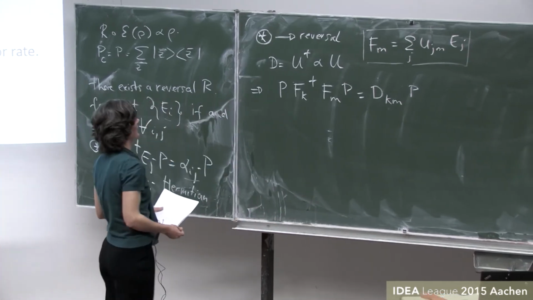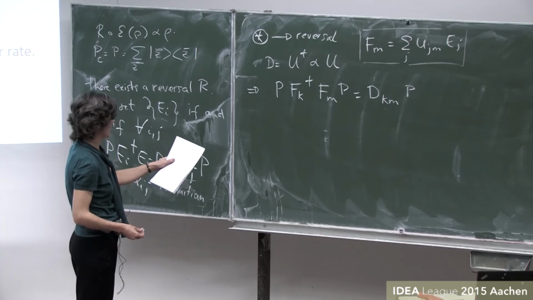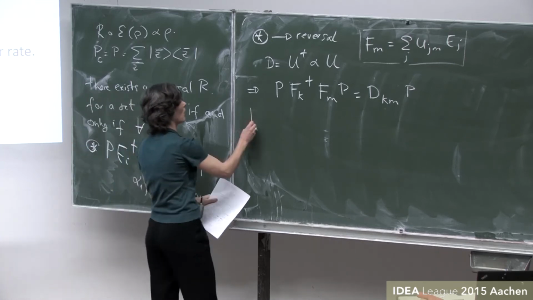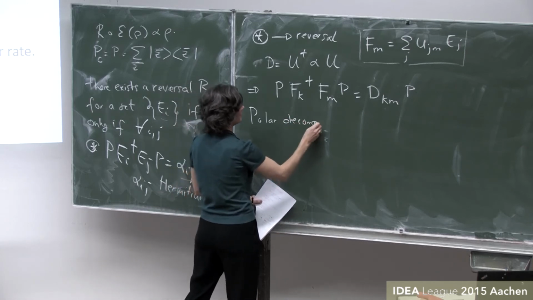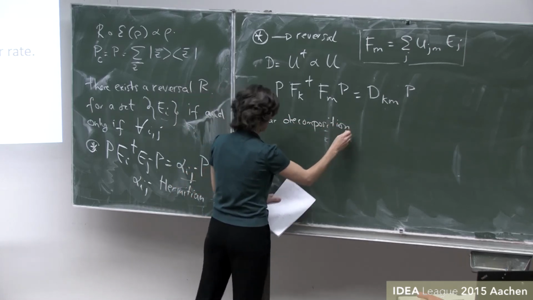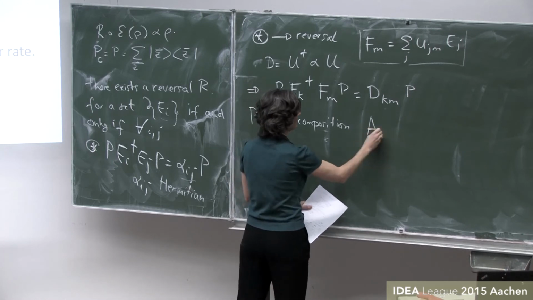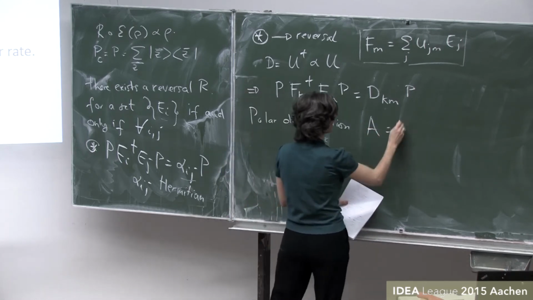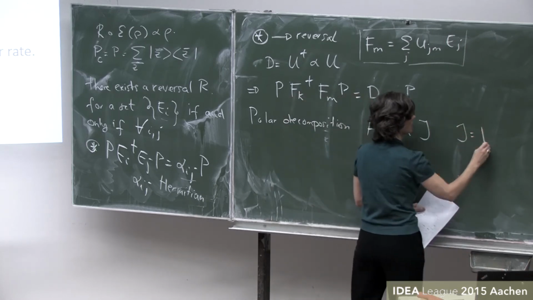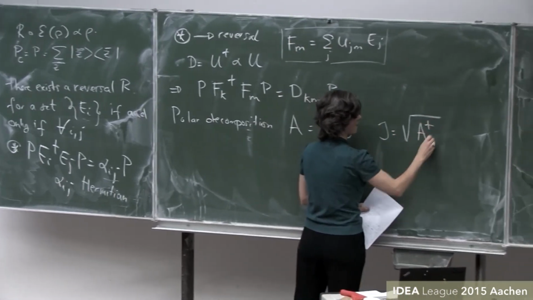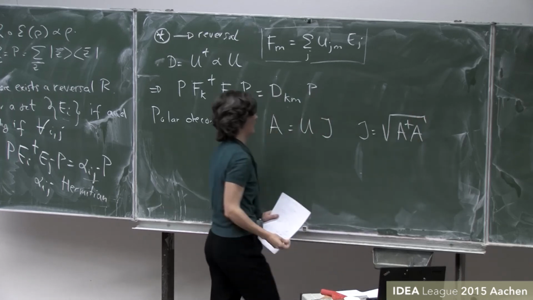Now, okay, so I'm here. So what do I want to do now? I'm going to use the polar decomposition of a matrix. What is the polar decomposition of a matrix? I have an arbitrary matrix. I can write it as a unitary matrix times a matrix J, which is defined like this.